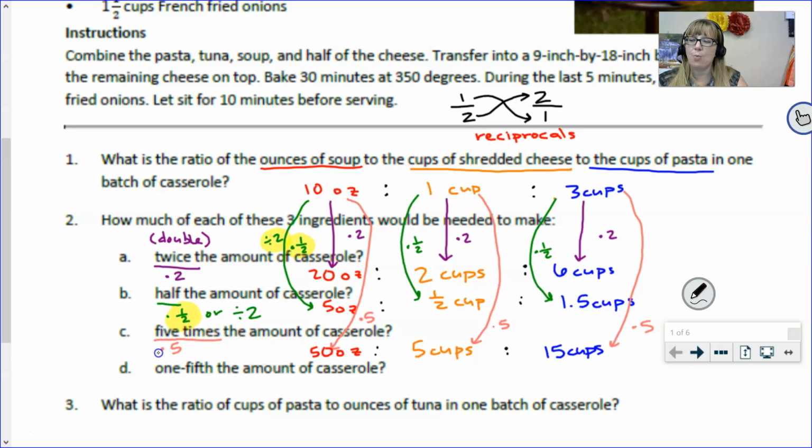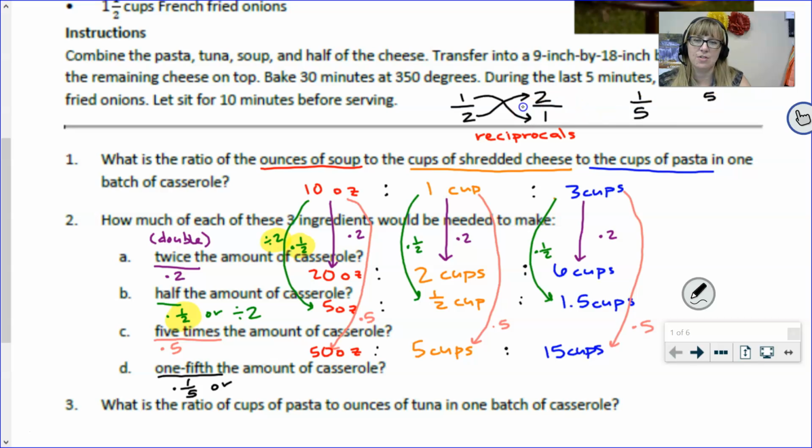So let's look at what this is going to look like here with 5 times the amount. I now have 5 times the amount, and I have 1/5 the amount. Can you see that relationship? 1/5 means I am going to be multiplying by 1/5. Now that's not quite as easy to calculate in our heads, so what is the other relationship? 1/5 and 5.